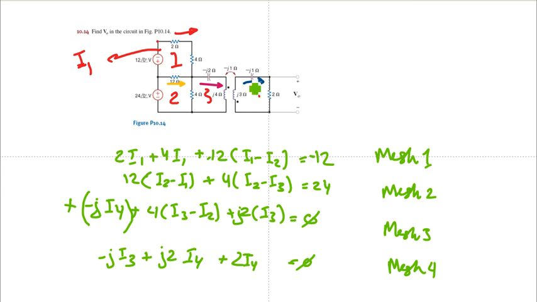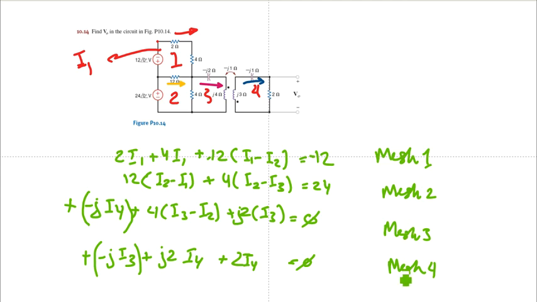You have 3j and minus j, so that adds up to 2j I4, plus the resistance 2 I4, and the magnetically coupling constant will be positive again, because they're entering the dot convention at the same time, so it's a positive sign here, and it's equal to 0.